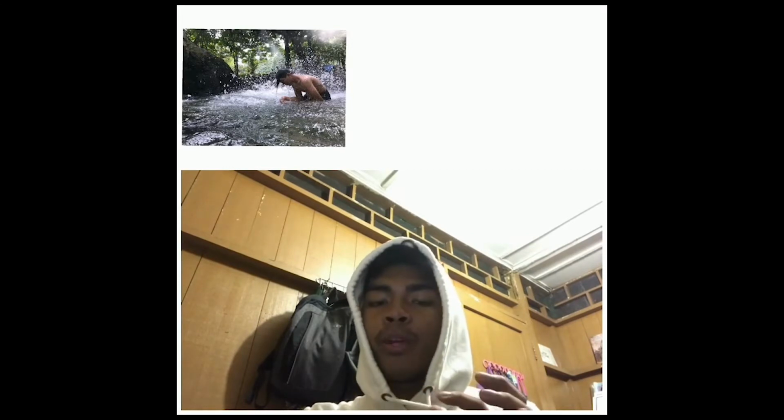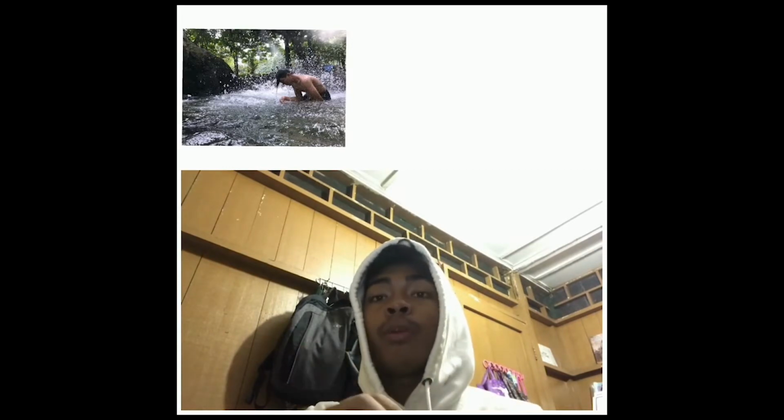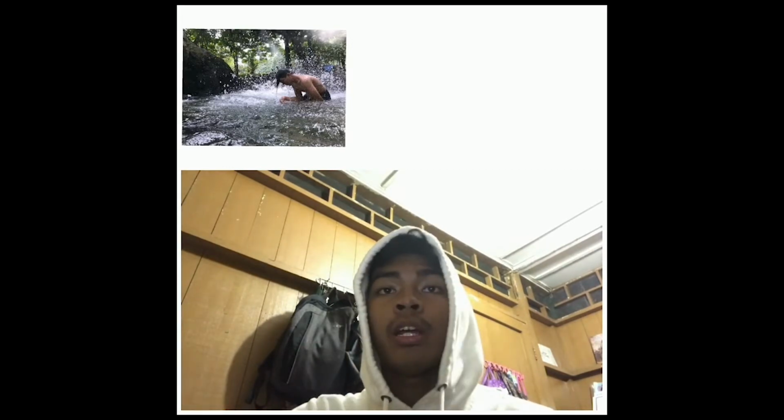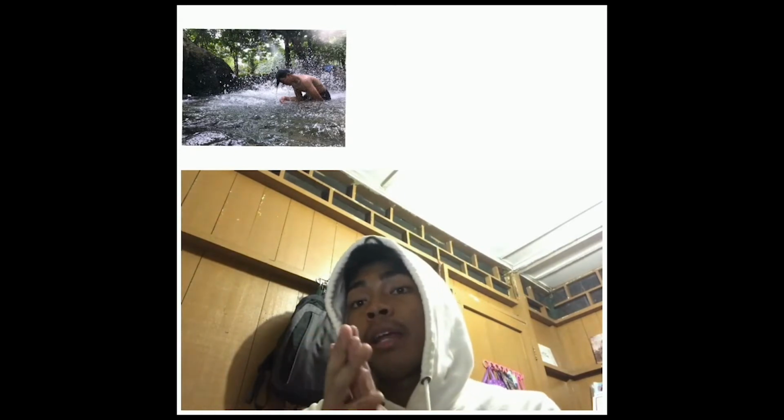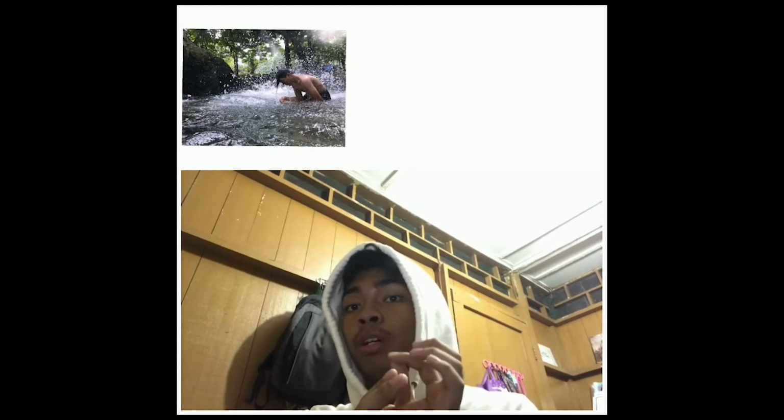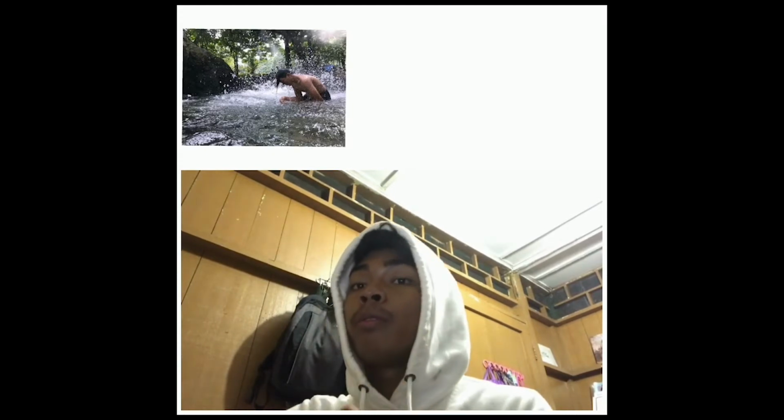The next picture is this. Okay, the next picture that I caught on my camera when I went to the Kelangat River with my friend last week. I took the picture when a person jumped from a high place into the water.